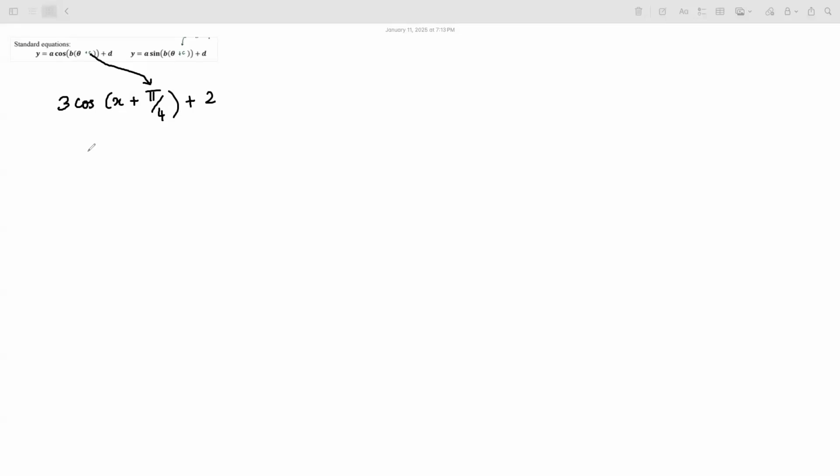It's called the phase shift. So it's always of the format A cos B(x minus C) plus D. Makes sense, guys? So here, this is the phase shift.